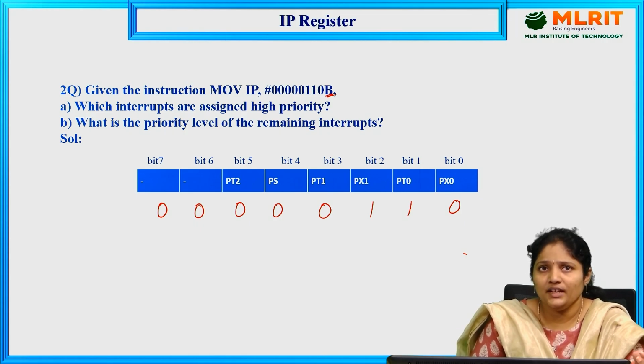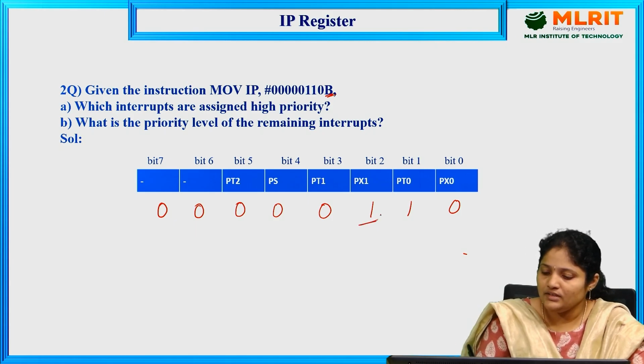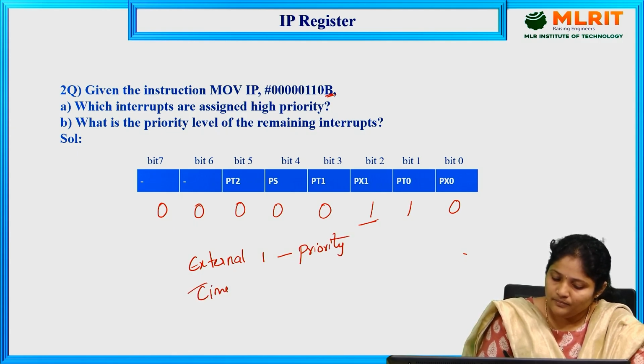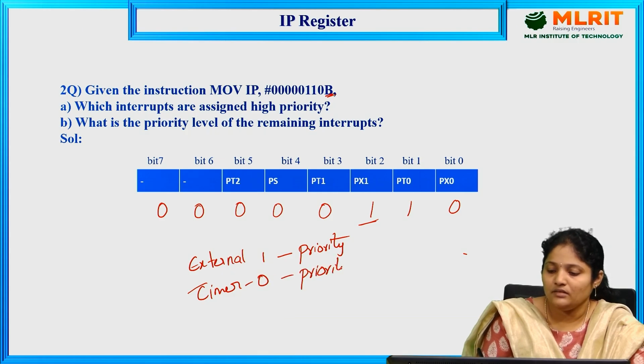According to the instruction given, high priority is given to the bits that are set. So here PX1, the external 1 interrupt, has priority, followed by timer 0, which has the next priority.